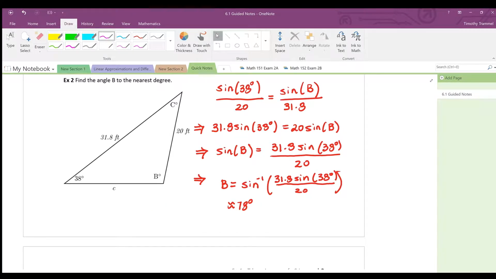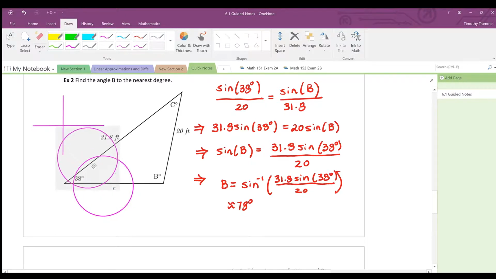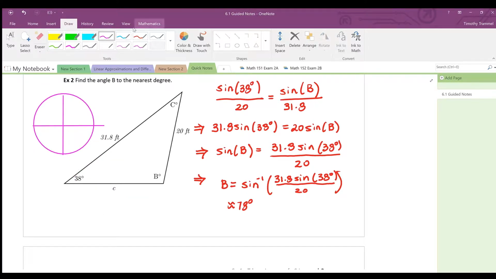Let's go ahead and make a little sketch here. These are going to be just our X and Y axes, and I'm going to try and put a circle over that. There we go, good enough. And then next what I'd like to do is sketch this angle here.